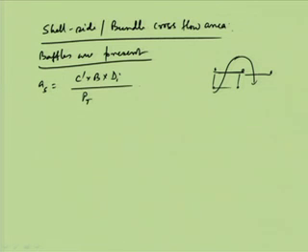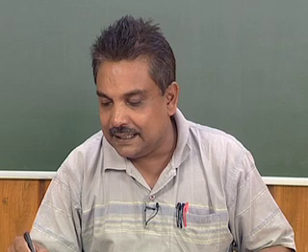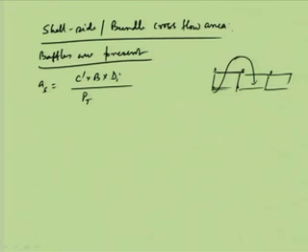Basically, C dash into B is the area, and diameter by pitch gives how many such areas are possible in that diameter. That gives you the total flow area. So, it takes care of the maximum flow area possible near the center of the shell.